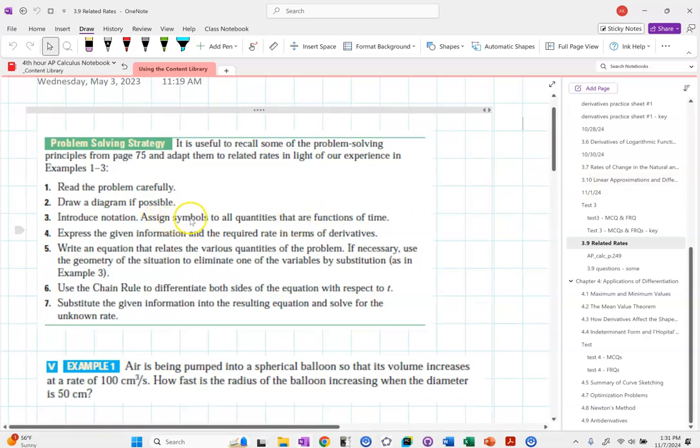Specifically, it says assign symbols to all quantities that are functions of time. Specifically in here, we're going to see rates. Whenever you see a rate in a related rates problem, that is a derivative. So if it tells you the height of this thing is changing at a rate of 4 centimeters per second, that tells you dh/dt is equal to 4.